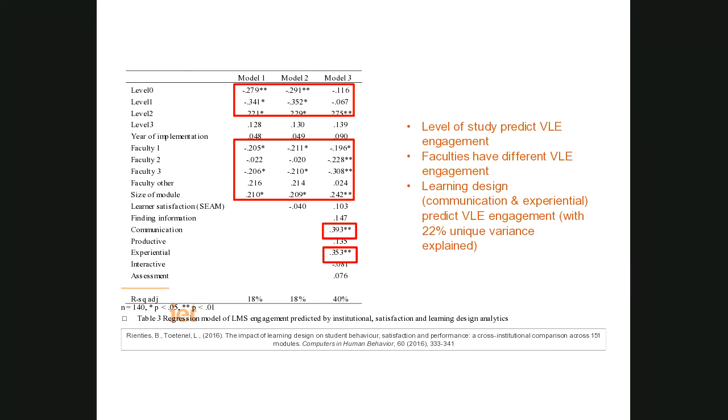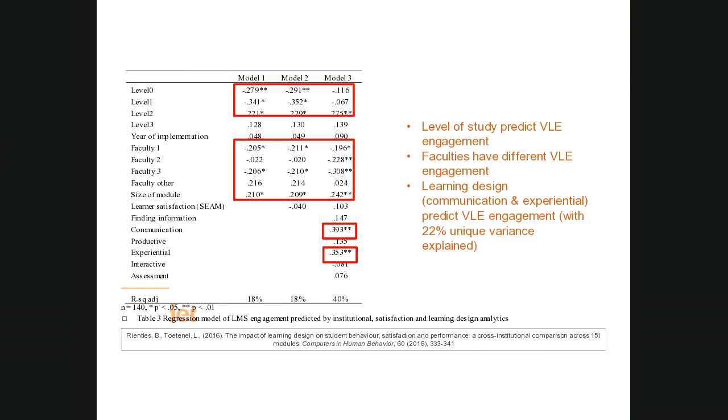What we find, quite interestingly, is that the level at which we are teaching significantly influences the kind of engagement of our students. And at the same time, as somebody mentioned before, there are significant disciplinary differences. So the way our teachers are designing courses influences what our students are doing.